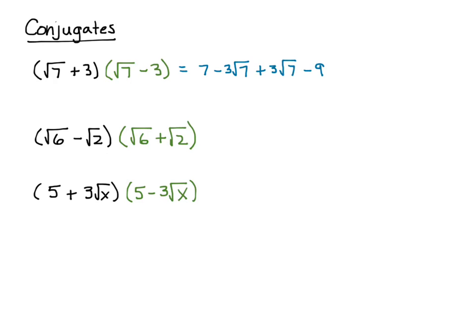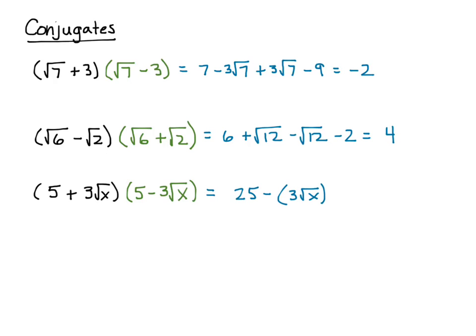So when you multiply these out, I did every term. I FOILed these. What I really get is if you just take the first and the last terms squared, you know that the middle terms cancel out. So what would have been fine here is to say this is 7 minus 9, because square root of 7 squared is 7.